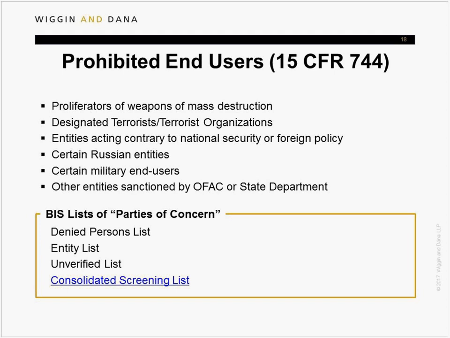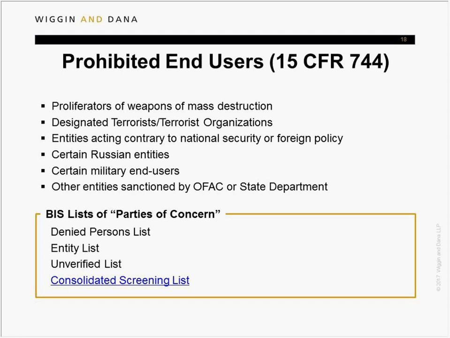So the prohibited end users are those entities, which can include corporations, governments, and individuals, that the U.S. government considers to be involved in proliferating weapons of mass destruction, in terrorist activities, other kinds of activities that threaten our national security or foreign policy, also certain particular Russian entities, certain military end users, and a whole bunch of entities that are sanctioned by the Office of Foreign Assets Control or the State Department.